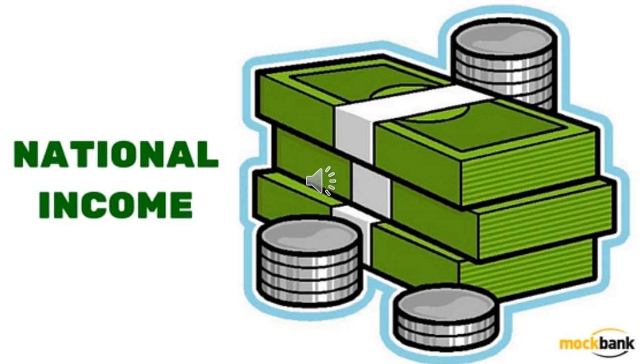Now, national income. National income is a measure of the total money value of goods and services produced by an economy over a period of time, normally a year. We produce a lot of goods and services, and we are provided with many services, so we measure those goods and services in terms of money.